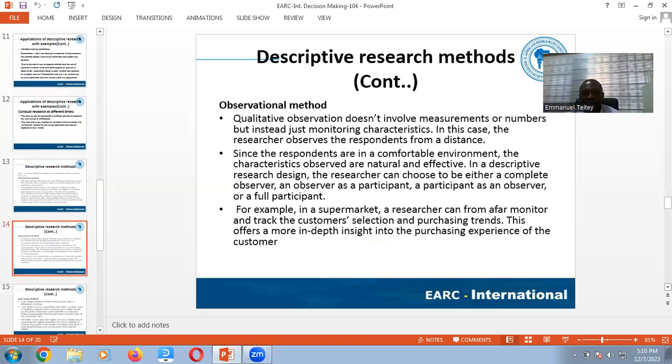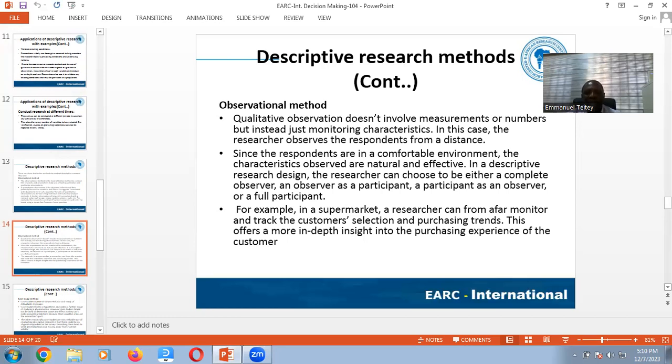Observation methodology. Qualitative observation does not involve measurement or numbers, but instead just monitoring characteristics. In this case, the researcher observes the respondent from a distance.